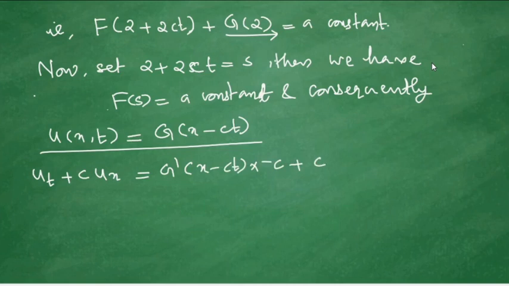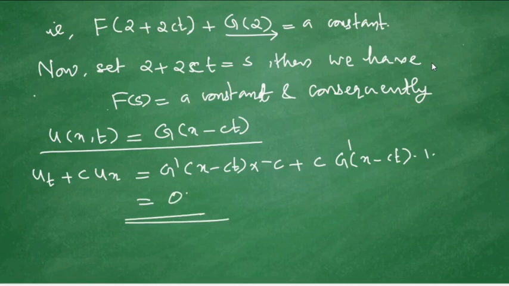Plus c into u_x, and u_x is g dash of x minus ct into the derivative of x minus ct with respect to x, that is 1. This will get cancelled: minus c g dash of x minus ct plus c g dash of x minus ct will be equal to 0. That means we obtained the required equation.